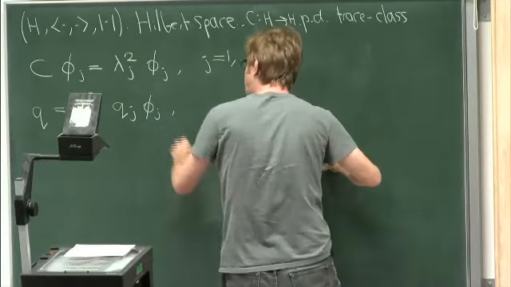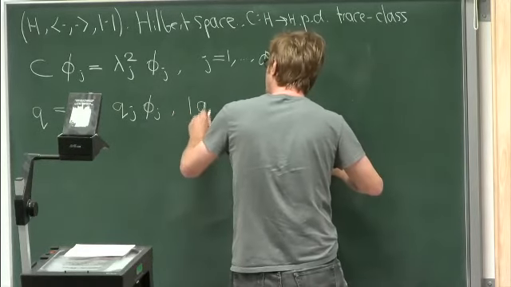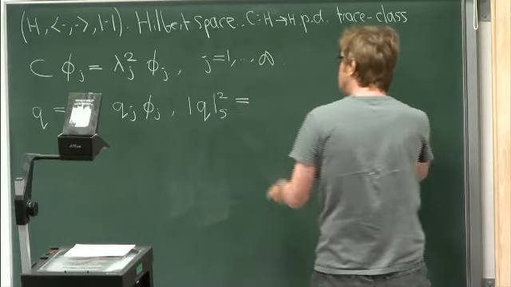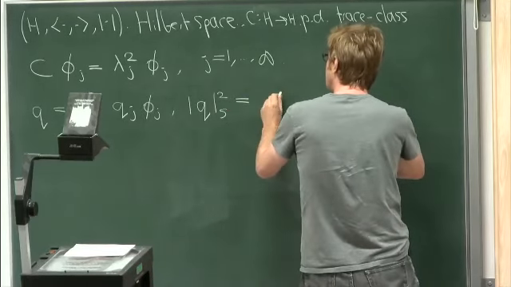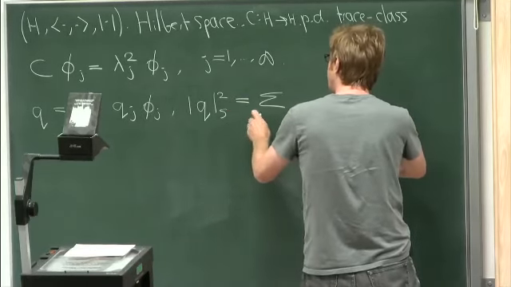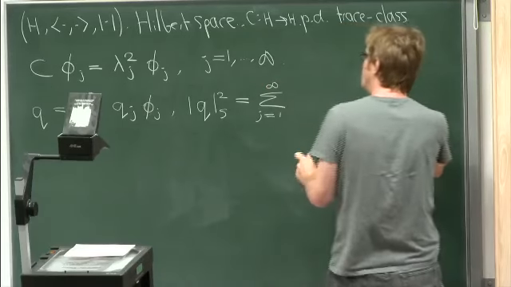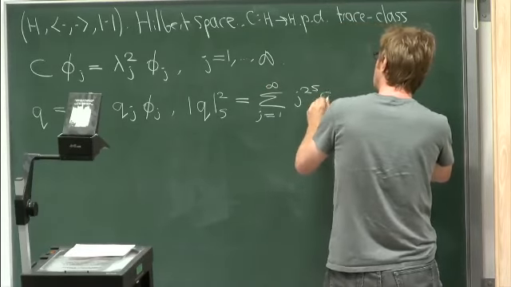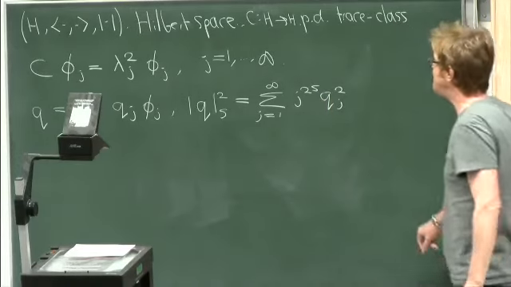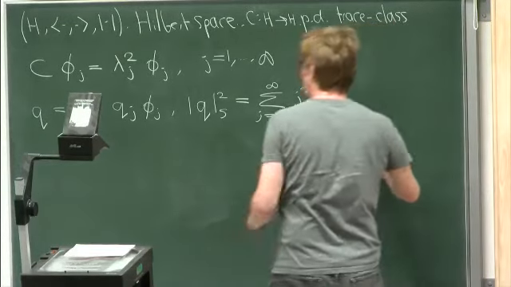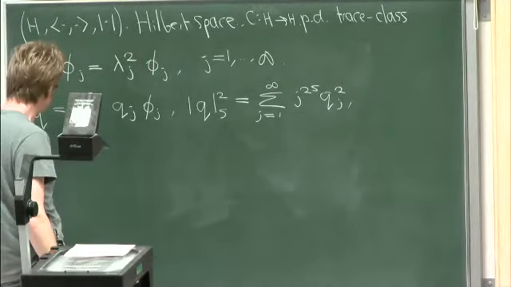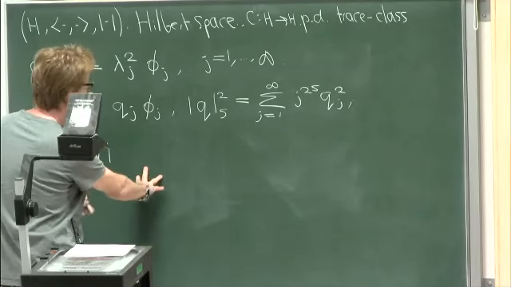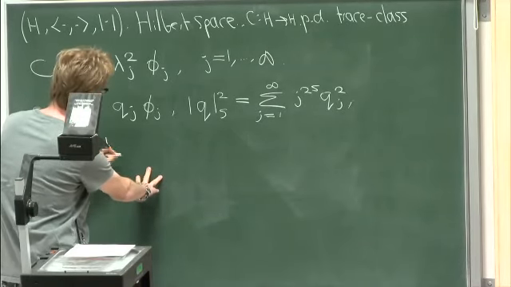I will also define Sobolev-like spaces with index s, which are given by the s norm squared being the sum from j equals 1 to infinity of j to the 2s times qj squared. And I will let Hs be equal to the q's such that this s norm is finite.